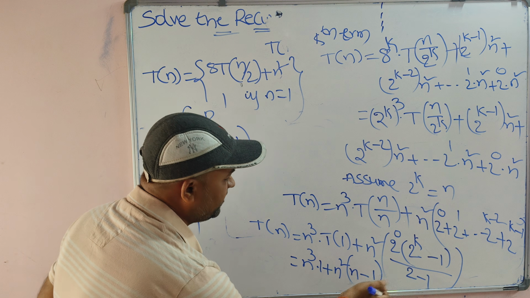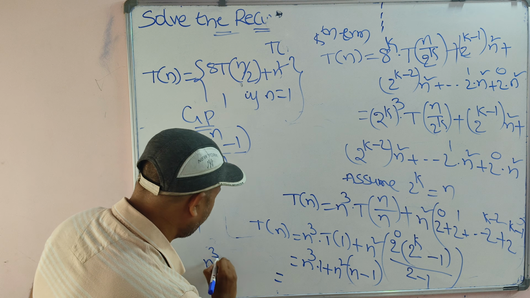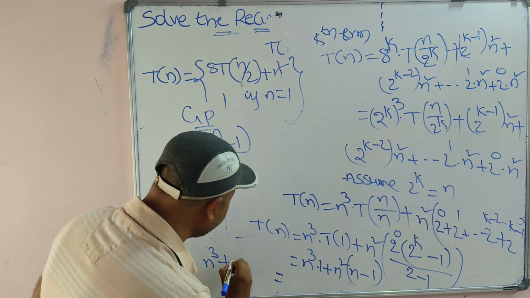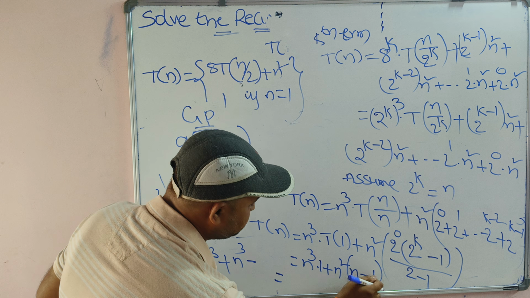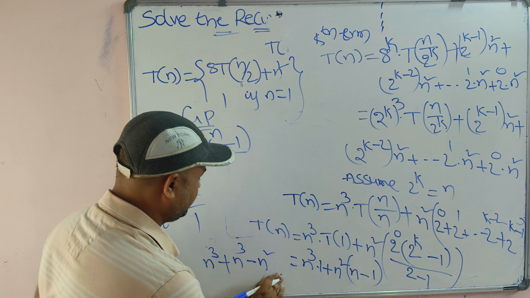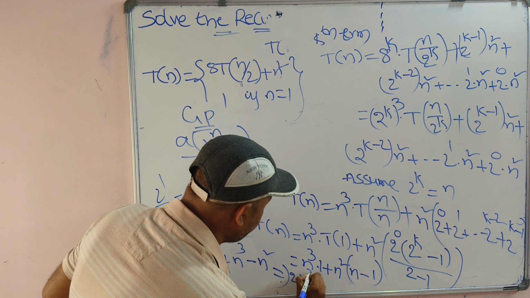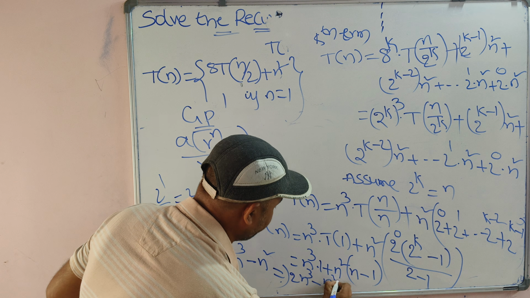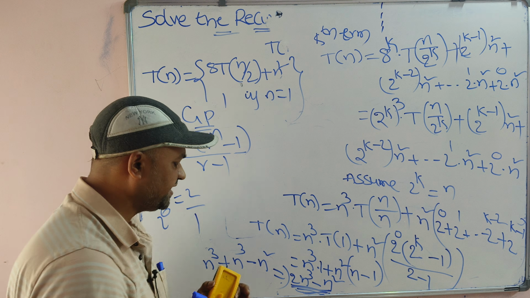So n minus 1 by 1 means n minus 1 only. So that is equal to n cube plus n square into n means n cube, minus n square into 1 means n square. So that is equal to n cube plus n cube means 2n cube minus n square. So this is the formula which we are getting.